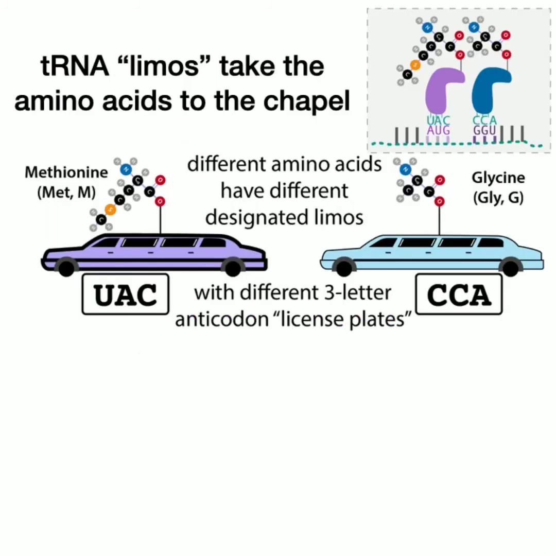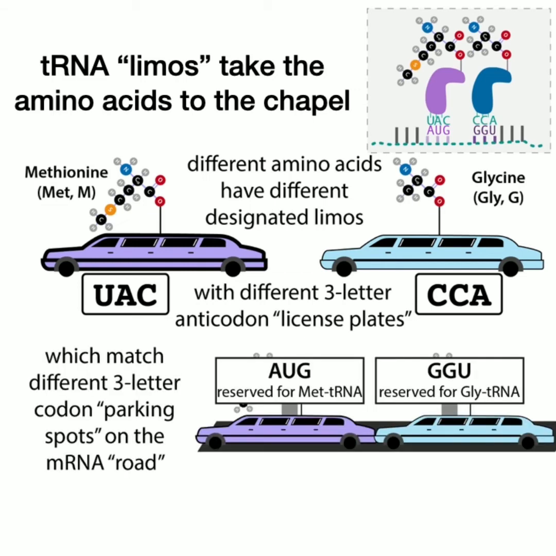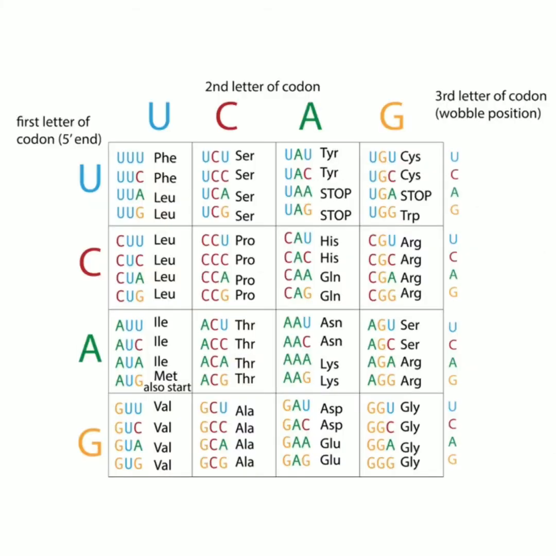So how about our tRNAs? So the tRNAs are our limos, remember? So different amino acids have different designated limos, and they have different anticodon license plates that match different 3-letter codon parking spots on our road. And to get a guide of which one's which, you can look at a thing called a codon table.